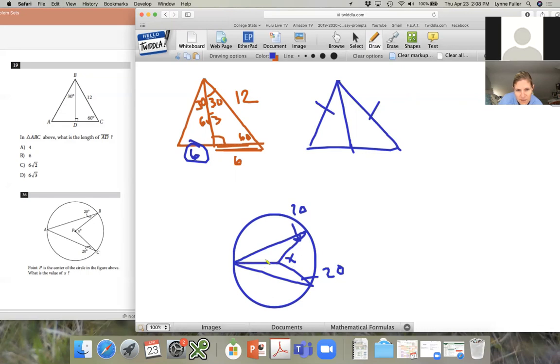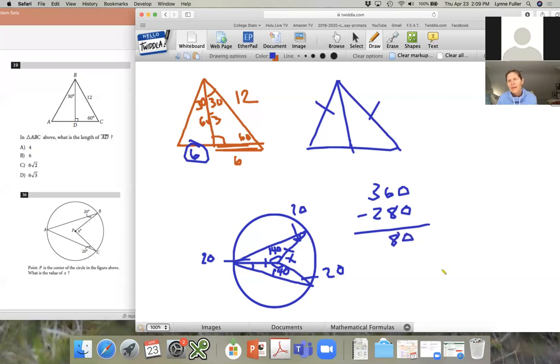I can break this into isosceles triangles. So if this is 20, then this guy's 20, then that means this guy's 140. Well, that would be the same thing over here. So this would be 140. And so if I were to go all the way around, I form a circle. So 360 minus the sum of those two, which would be 280, leaves me with the angle measure here, which is 80.